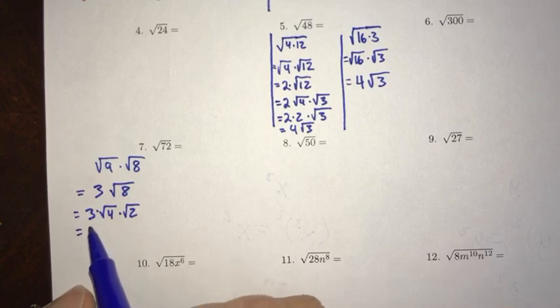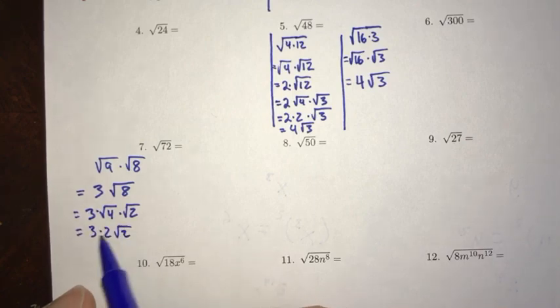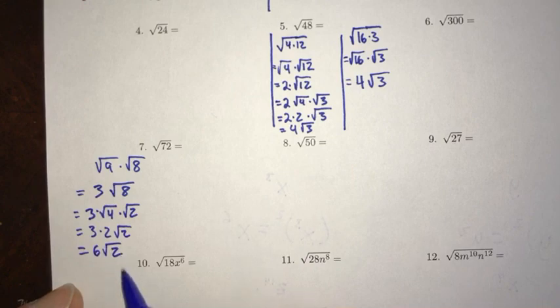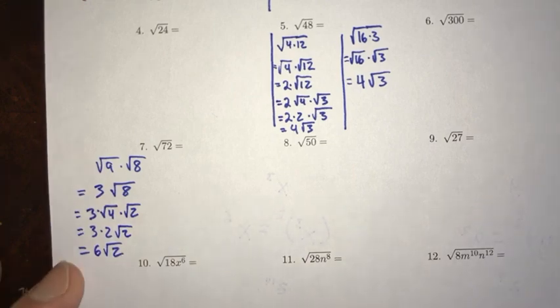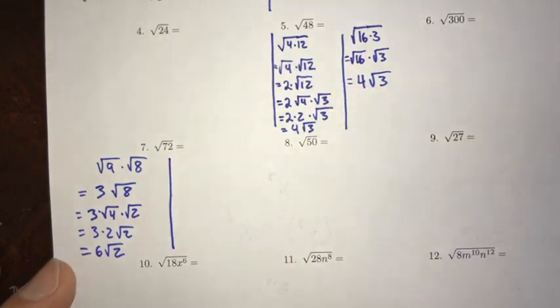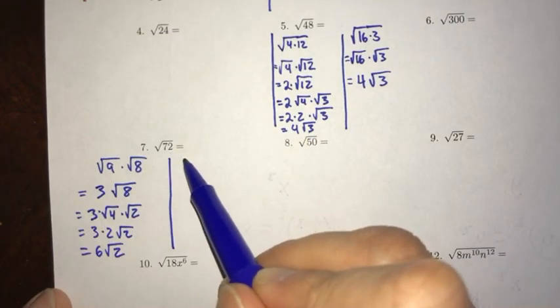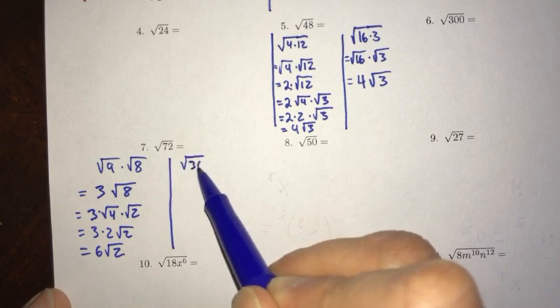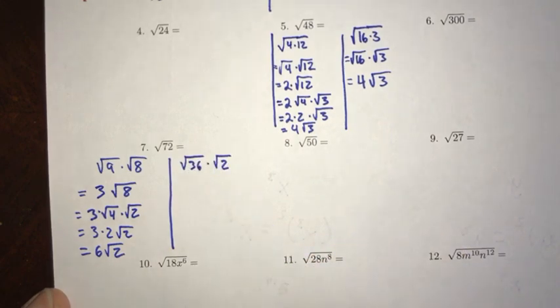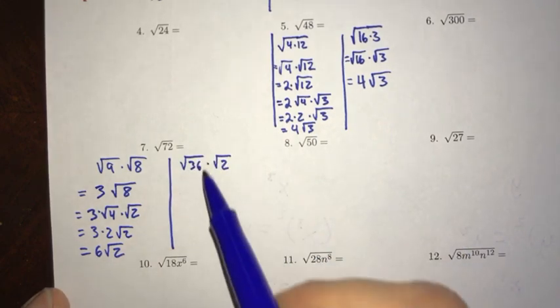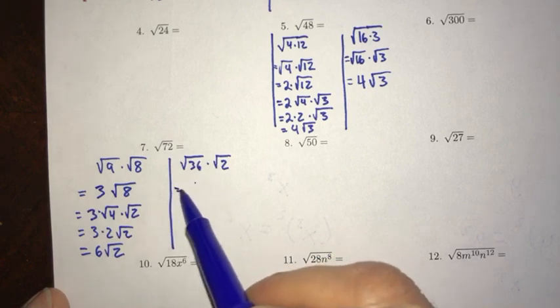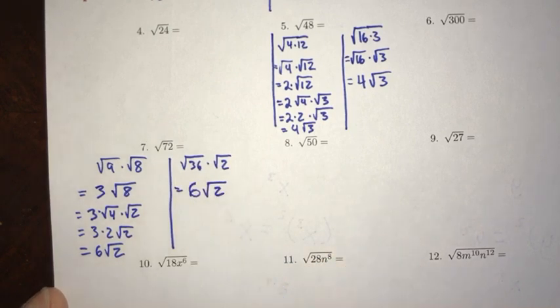And finally, square root of 4 is 2. 3 times 2 is 6. But what we could have done also, without doing so many steps, this breaks down actually into 36 times 2. And the square root of 36 is just simply 6. And I'll attach the root 2 there.